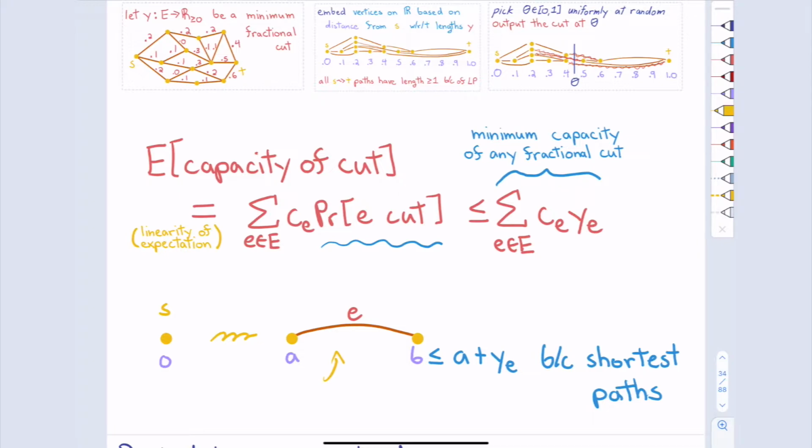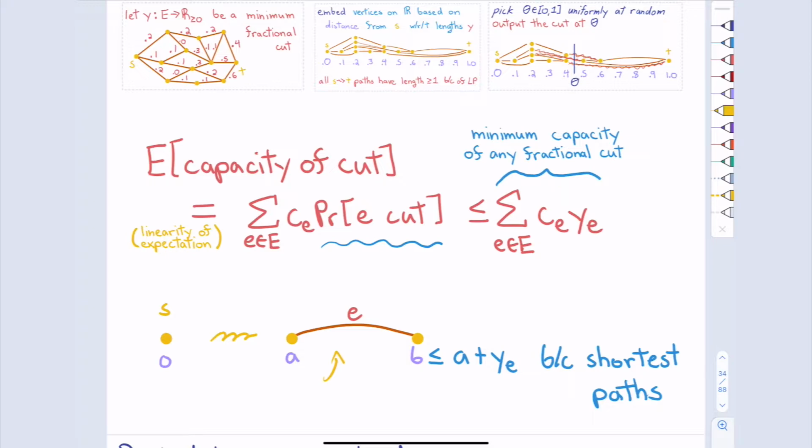So the odds of this random theta falling between A and B is at most y_e, the value assigned by the LP. So that's why the probability that E is cut is at most y_e for every edge. And then here we get the objective value from the LP. So we've shown that a random cut, in expectation, achieves the value of the LP.